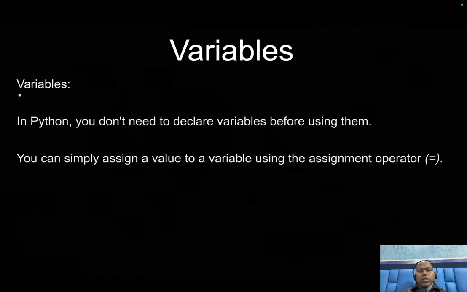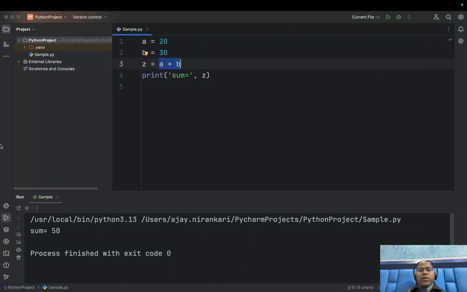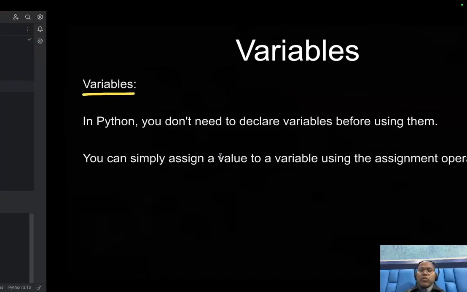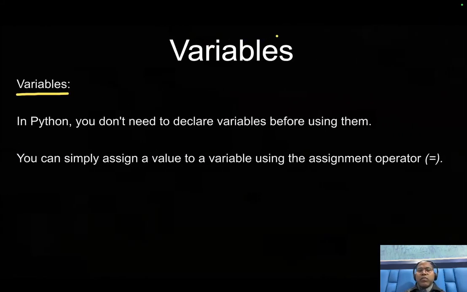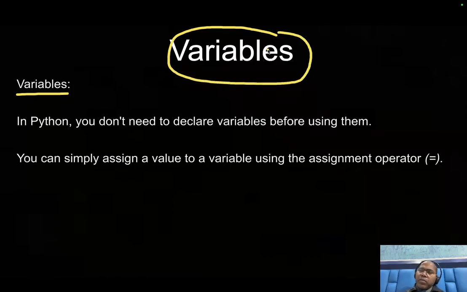So here, before going to talk, notice I have a, b, z. What is this a? What is this b? What is this z? Okay, these a, b, z are considered as variables. So variable, in very simple terms, is like the alphabet in a grammar vocabulary.